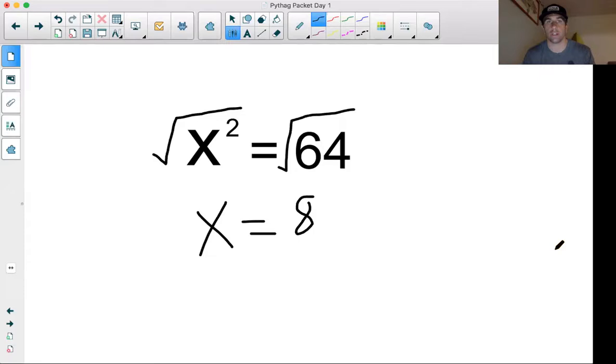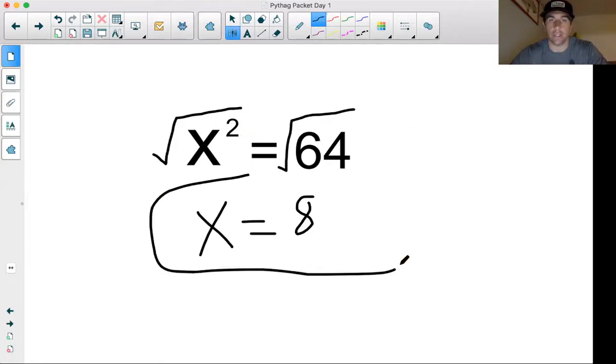Because the square root of 4 is 2. See, is 8 a perfect square? No, because there's not two numbers that multiply to give you 8. So that is not a perfect square. So that's how you get x by itself here, because you're going to have to do this when we solve with the Pythagorean Theorem.